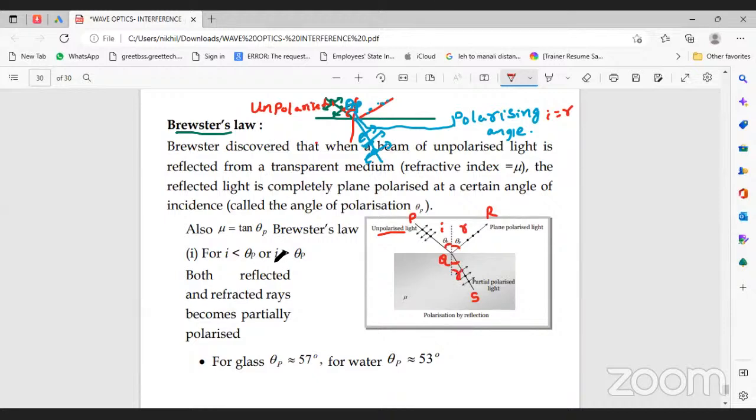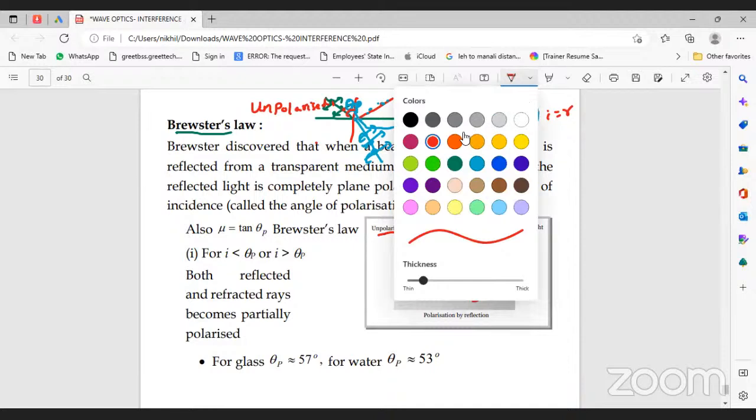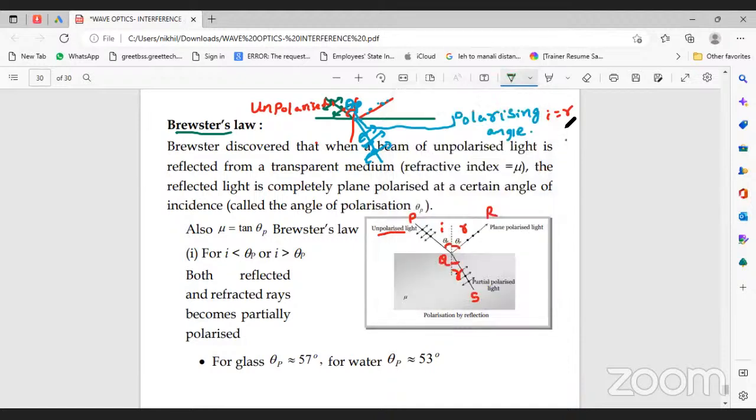That will be the angle of refraction. So will the angle of refraction be equal to the polarizing angle? No, it won't be equal, because the medium has changed, so the direction will change.